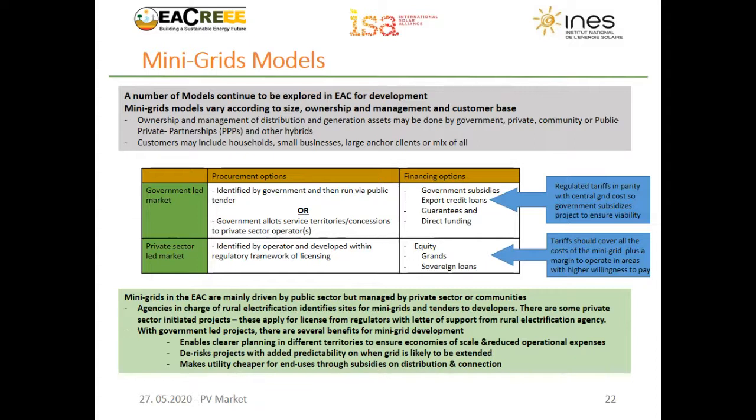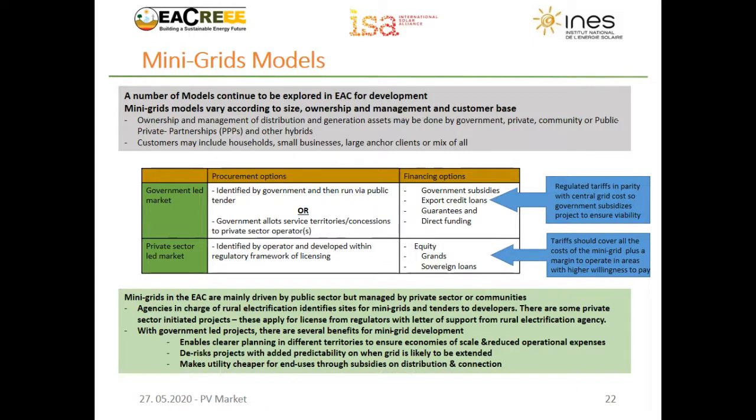So usually under the private sector-led market, because of course profit at the end of it all needs to be realized, the tariff should cover all the costs of the mini-grid system, plus some marginal operation costs, together with a little margin of profit.